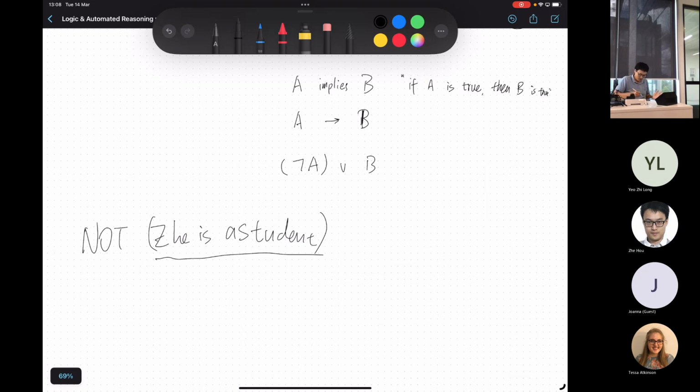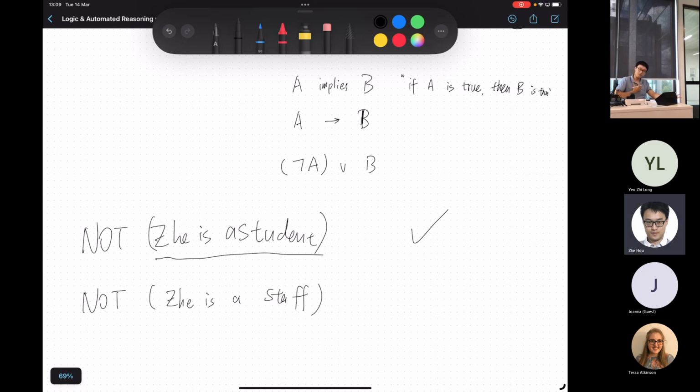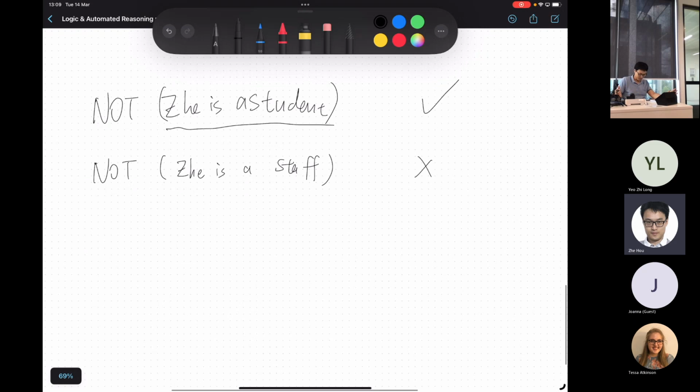On the other hand, if you have NOT "Z is a staff," because I am a staff, then the negation of that statement is false. So that's straightforward. NOT is really simple.